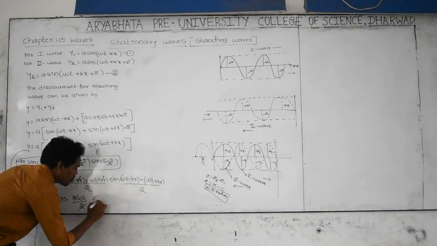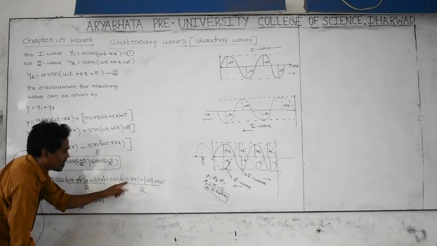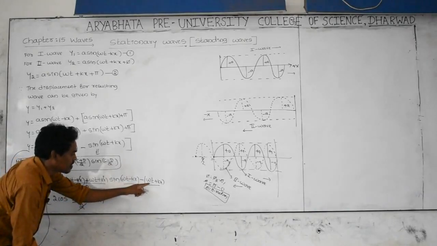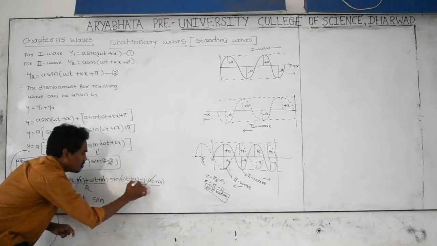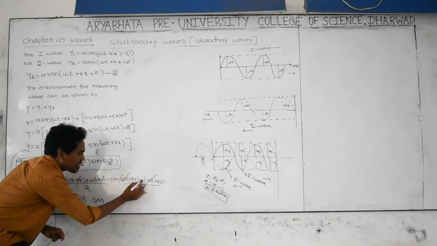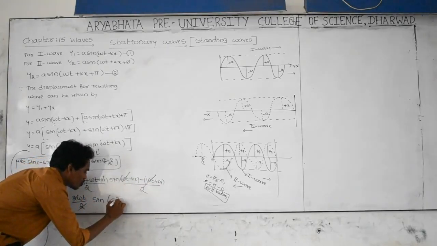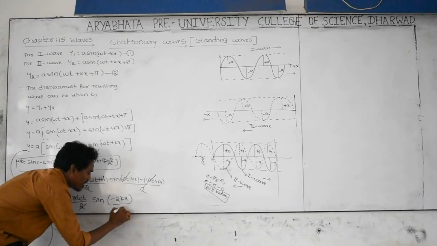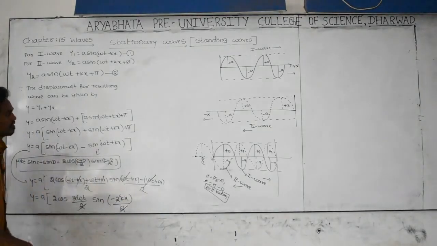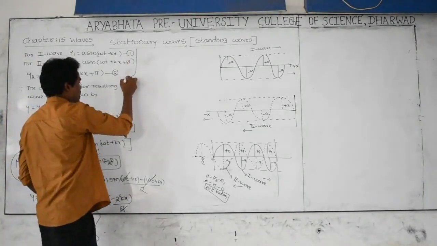And again sine of omega t and minus omega t getting cancelled, minus kx minus kx, that is minus 2 kx divided by 2 getting cancelled. What is the result you are getting?